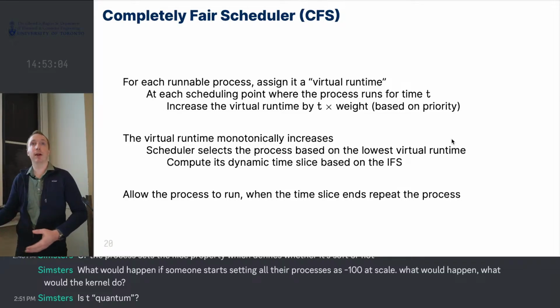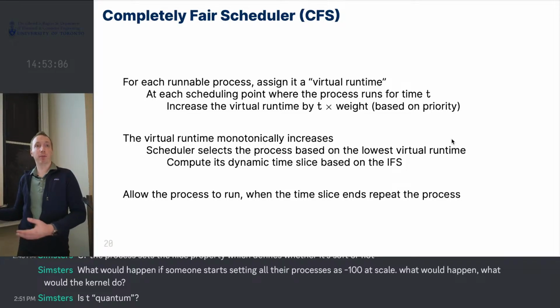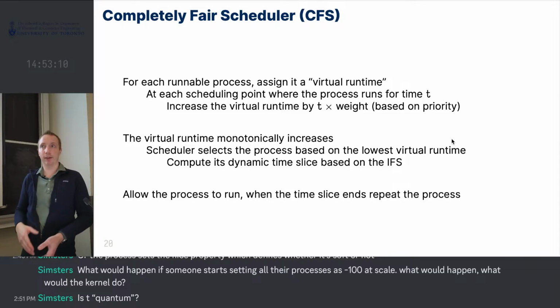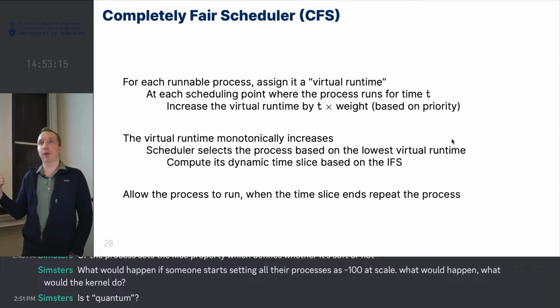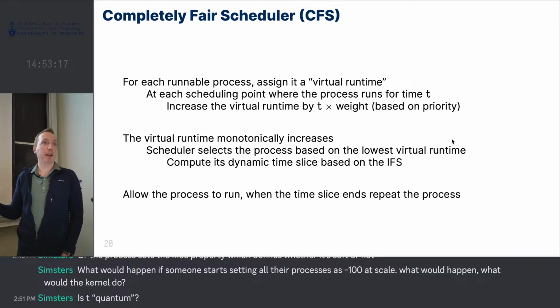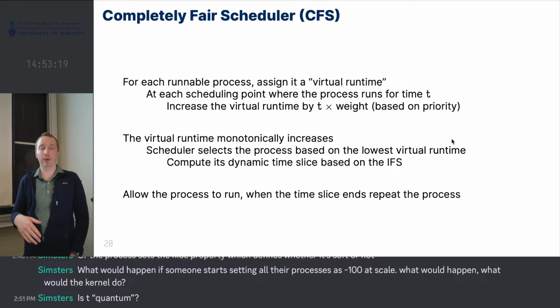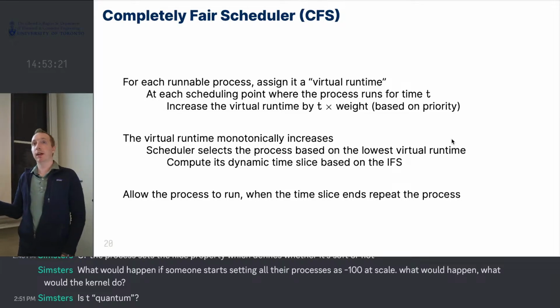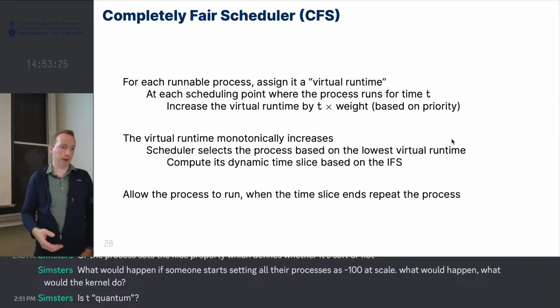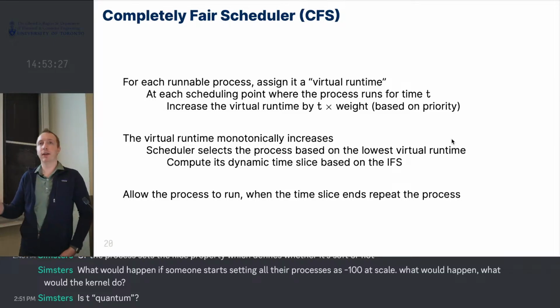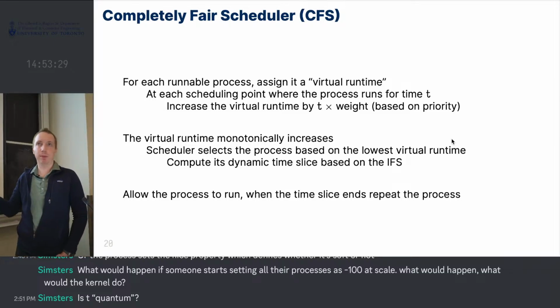So if it hasn't run in a long time while another process has been active, it would essentially get its fair slice as its T. And it's free to go ahead and go to sleep early, and it wouldn't get penalized for that. It would just increase its virtual runtime based off how much it executed for, and it would still get its fair share. So this allows the process to run. When the time slice ends, we just repeat the process.